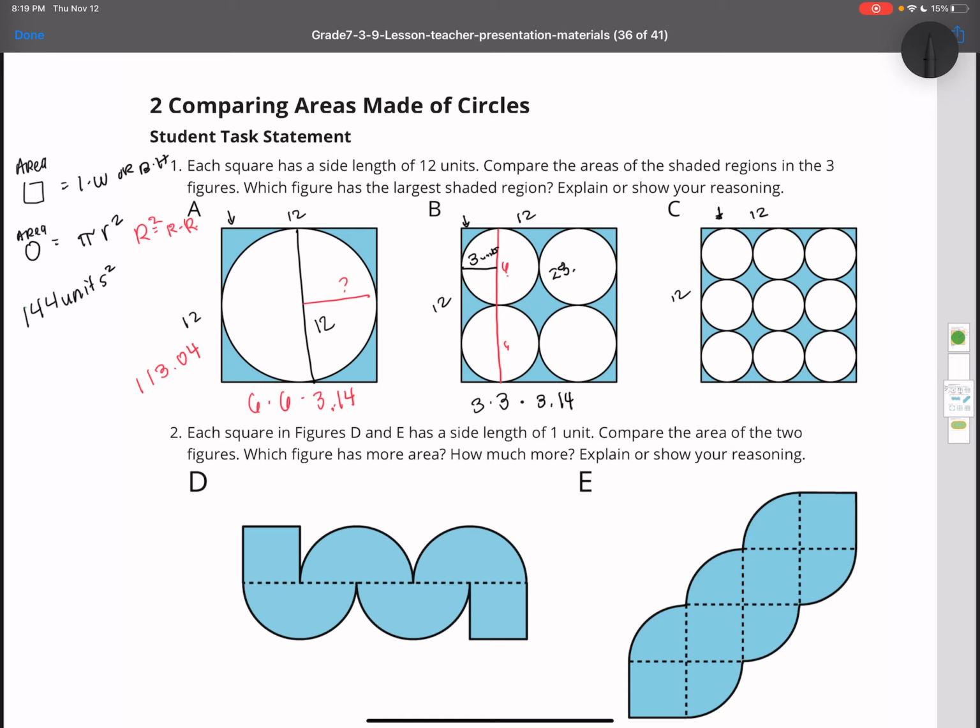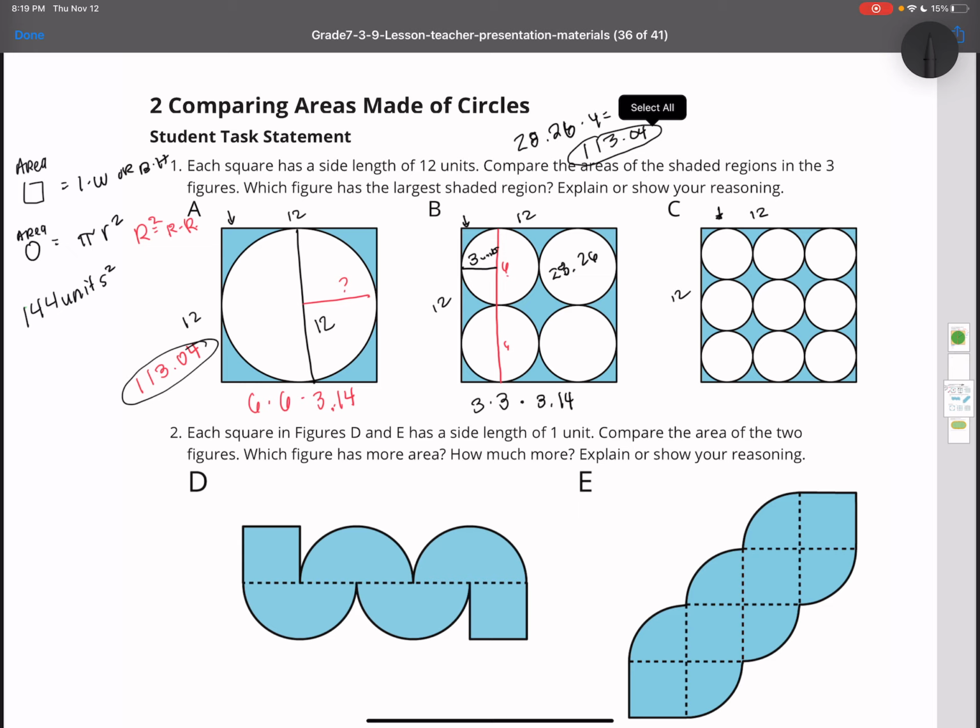Now, since I have a quantity of 4, I want to multiply it times 4 because I have 4 equal circles. I need to subtract all of their areas, okay? So when I multiply my answer by 4, I actually get 113 and 400ths. Okay, so we're noticing, okay, those numbers have some similarities, okay?